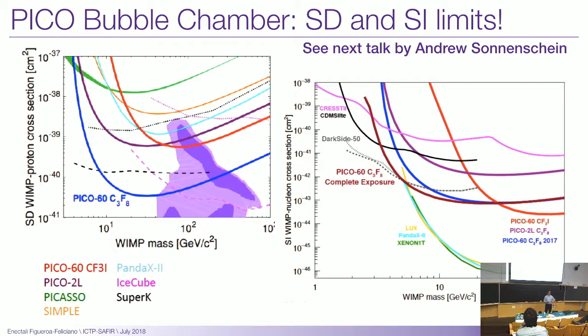So we talked about the effective field theory and all these operators, but spin-dependent is another good way for dark matter to possibly interact. And so PICO, because of the target materials that they use and the spin, has that as another one of their strong points. So I'll stop there and let Andrew tell you about that.